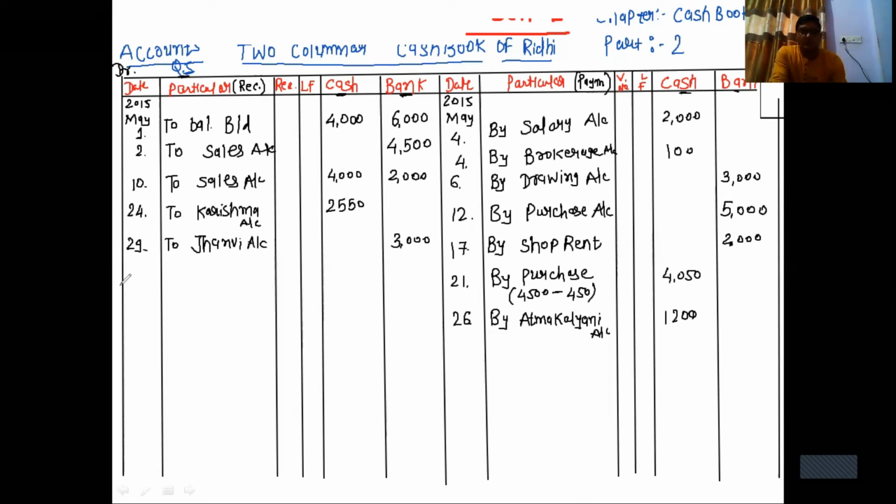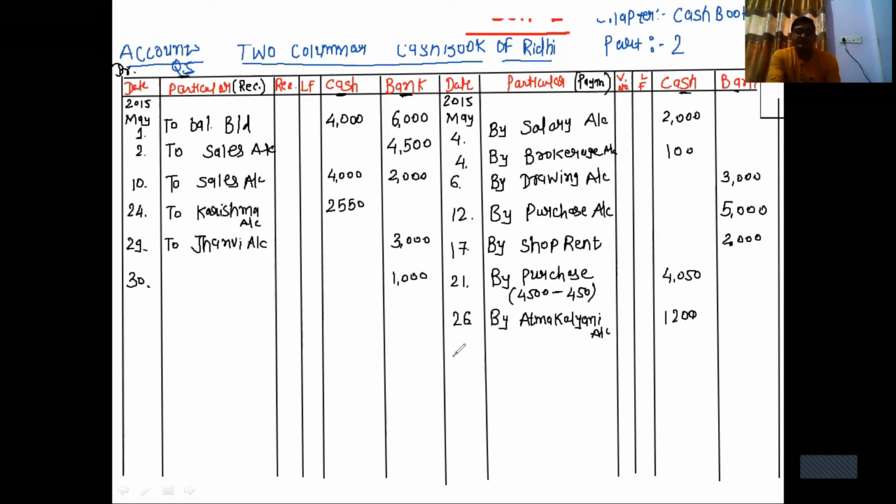So on date 30th, 1000 cash deposited, our bank balance increases. So in the bank account, we have to write on the debit side 1000, date is 30th. For bank, it is income, so we write on the debit side.